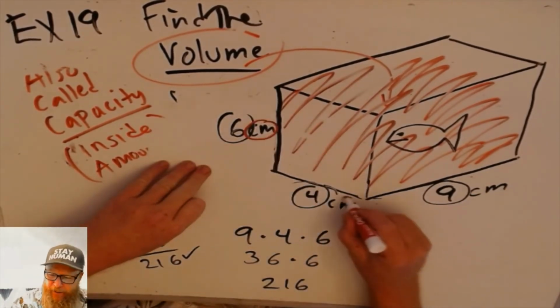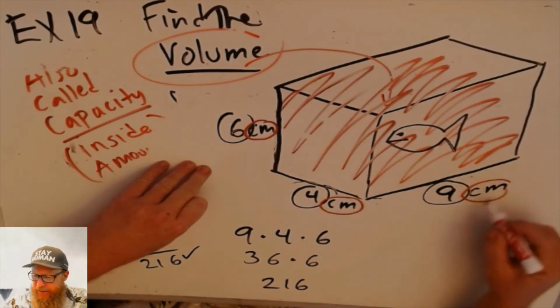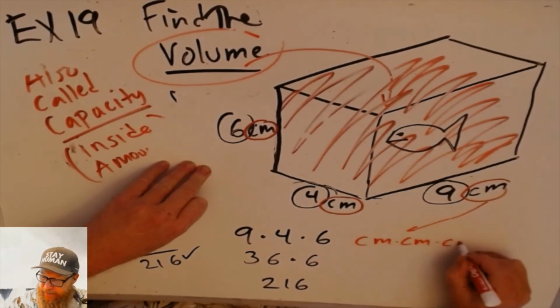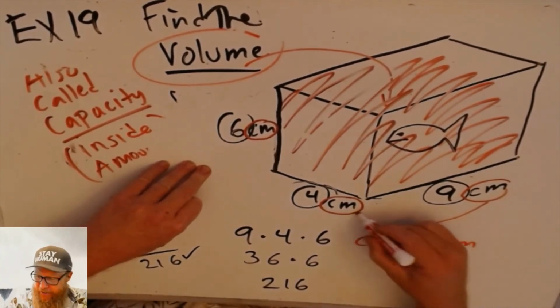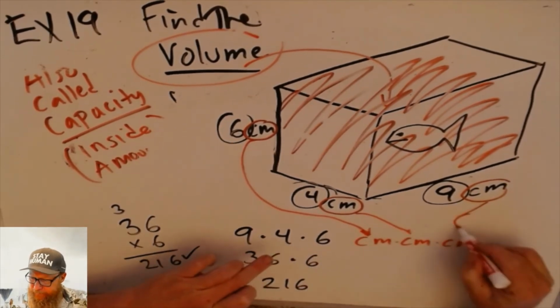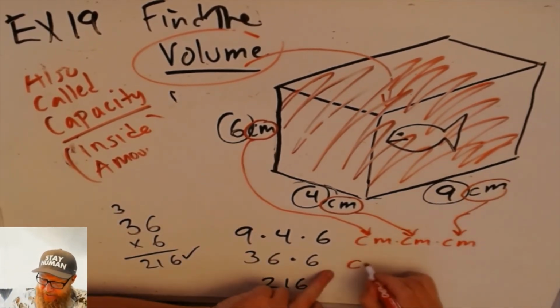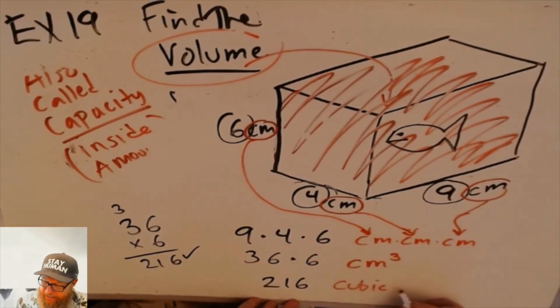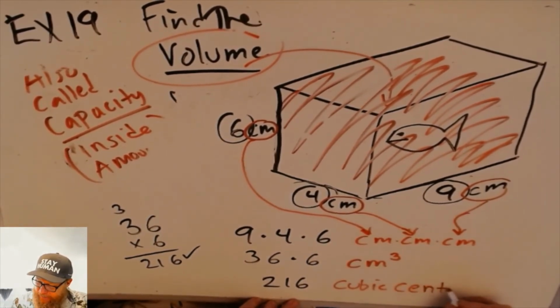Now check this part out. I'm going to start bringing the centimeters into the answer. This is centimeters times centimeters times centimeters. You're multiplying all these centimeters together. So that's called centimeters cubed, or cubic centimeters.